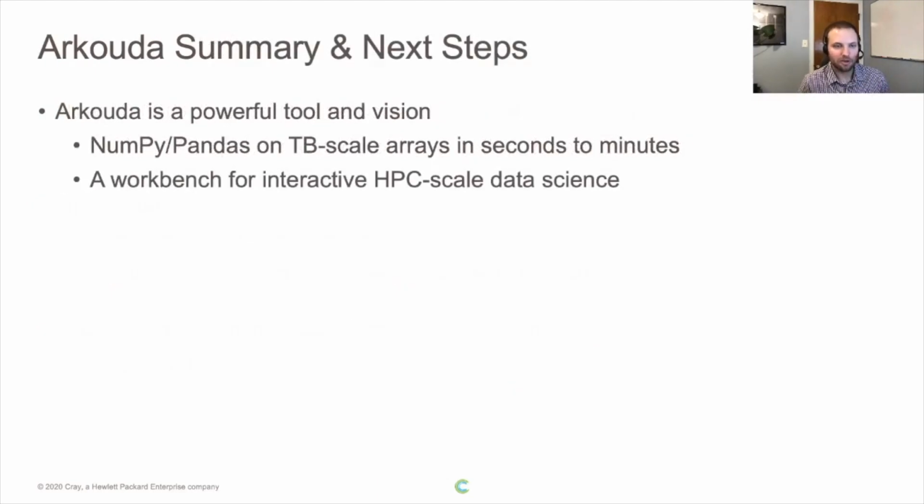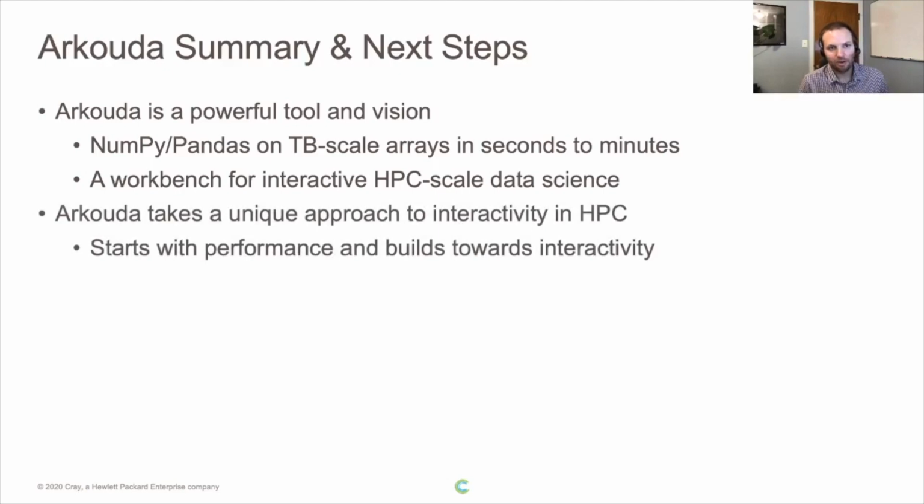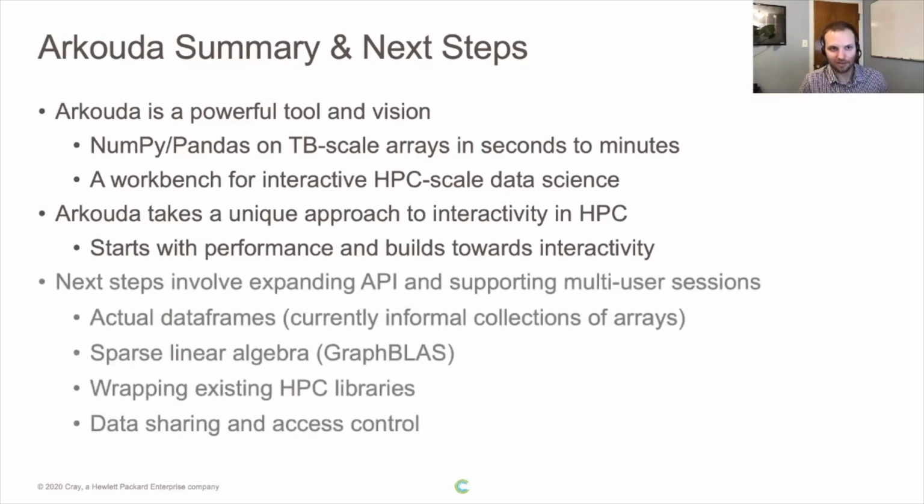As a quick summary, Arkouda is a powerful tool in Vision. It aims for NumPy and pandas on terabyte scale arrays in seconds to minutes. It's a workbench for interactive HPC scale data science. Arkouda takes a unique approach to interactivity in HPC. Most approaches start with interactivity and try to build out to performance, whereas Arkouda is starting from performance and building out towards interactivity with this NumPy-like interface.